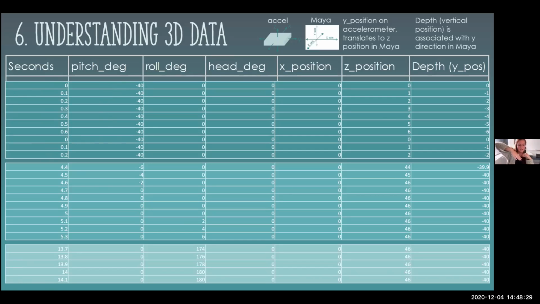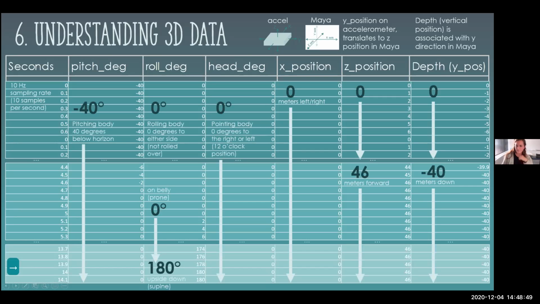And then in this second segment, we're going to have the animal come back to a 0 pitch. So it'll be when it's at the surface where its depth is 0 all the way to negative 40 degrees. We're expecting that the pitch will be negative 40, and then it'll even out when it goes to the bottom.